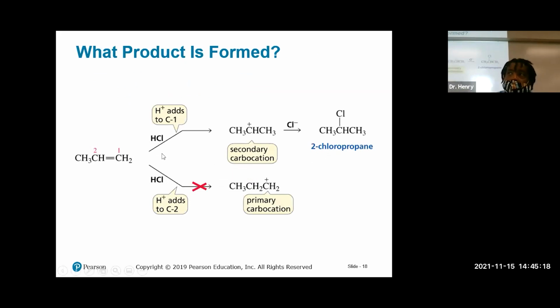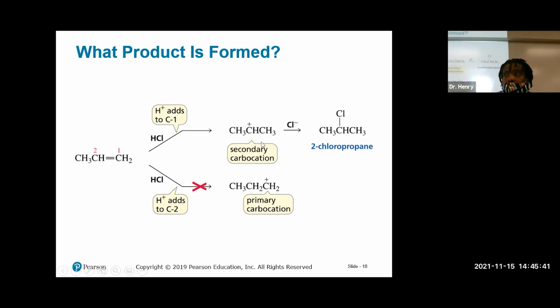Again, this just basically shows you that process. So the H plus is going to be added to, in this case, the C1. And then that C1 is going to cause the bond to break. And then that center atom, actually the C2, is going to get the plus charge associated with it.